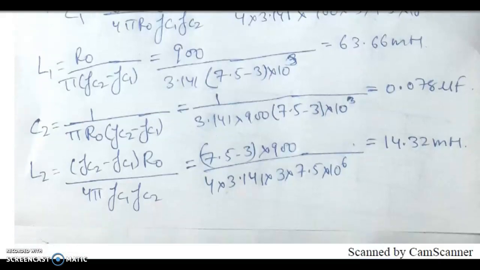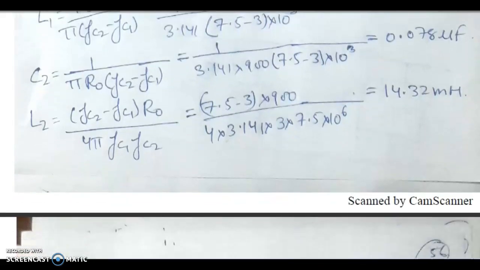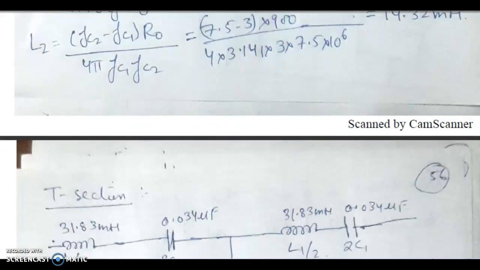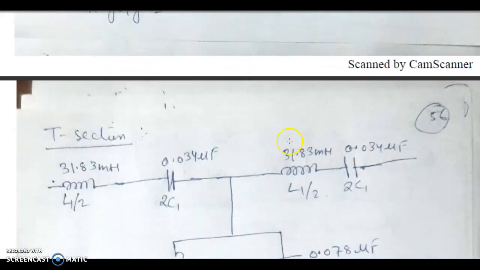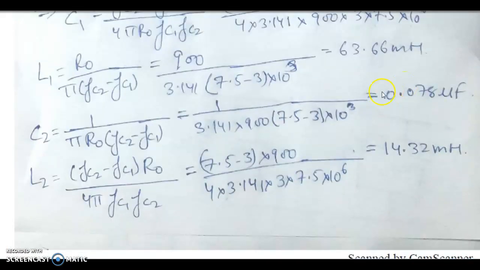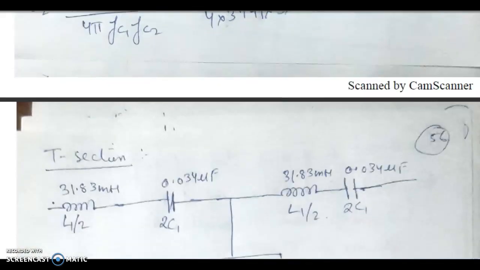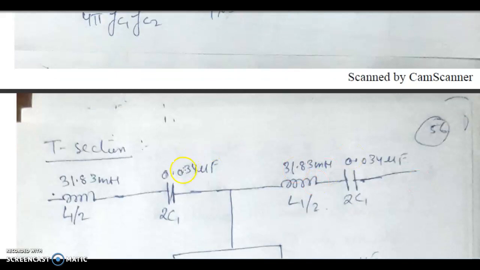The point which we should note before putting these values and obtaining the circuit is, this inductance value is not equal to L1, it is equal to L1 by 2. So because L1 is equal to 63.66 millihenry, this value of this inductor will become 31.83 millihenry.